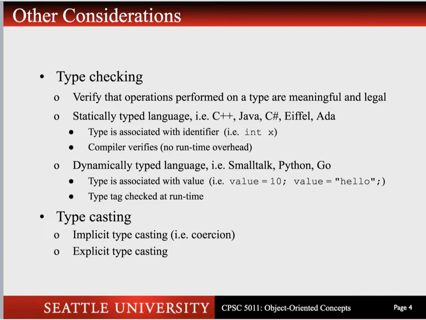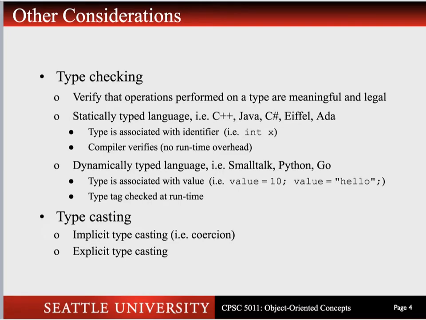In this case, we have a data type that precedes the variable, and that data type will determine by the compiler how much memory is to be stored, what type of data should be stored, etc. So the compiler verifies, and there is no runtime overhead.